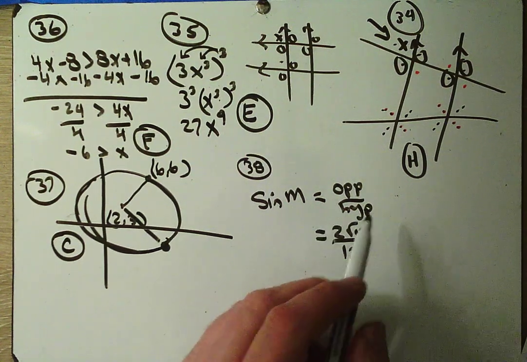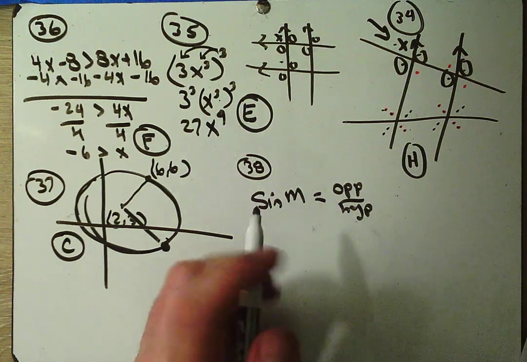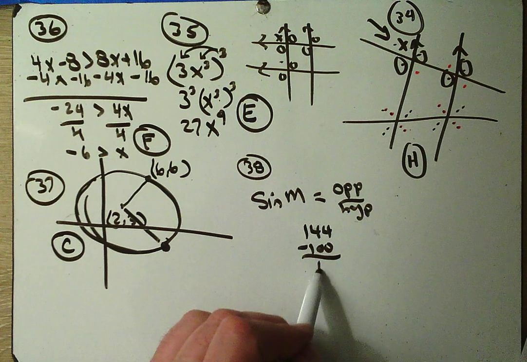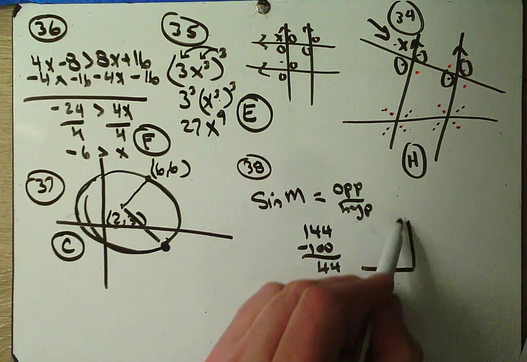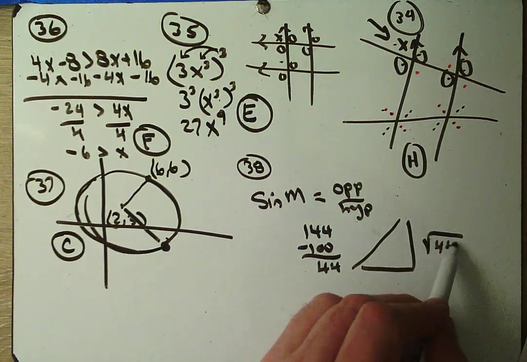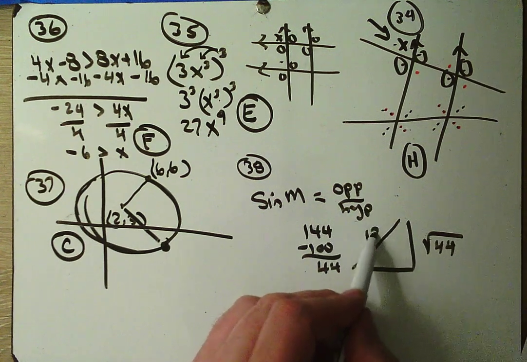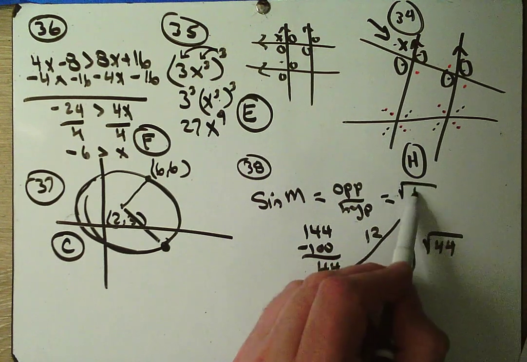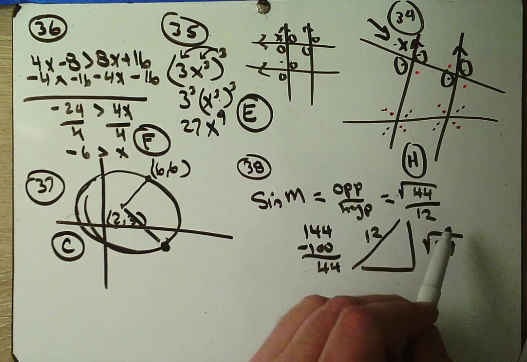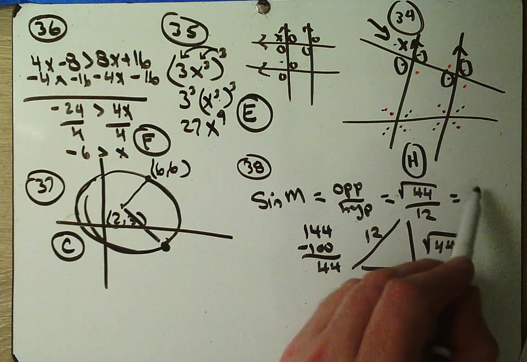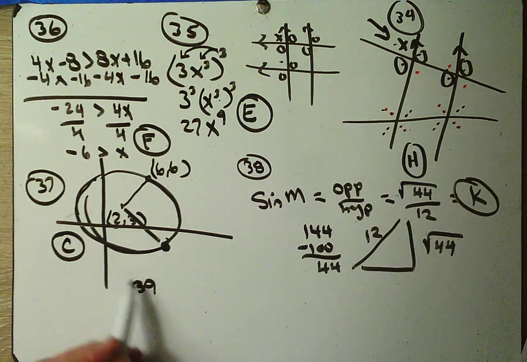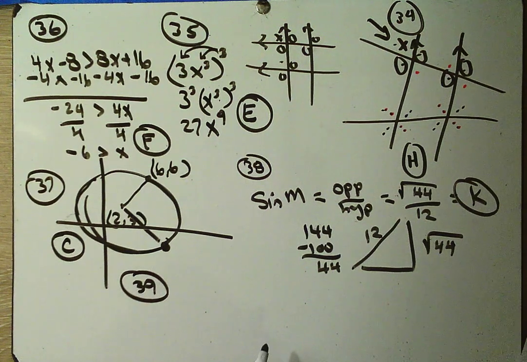Well, if I use the Pythagorean theorem without simplifying and do 144 minus 100, I get 44 for that side over there. And so square root of 44, and this is 12. And so when I do opposite over adjacent, I have square root of 44 over 12, which corresponds with choice K. Unsimplified answer.